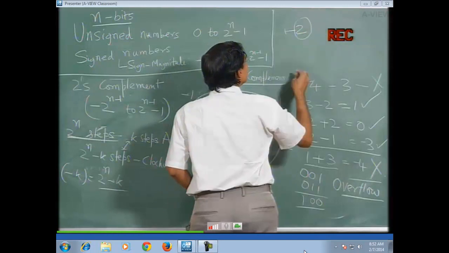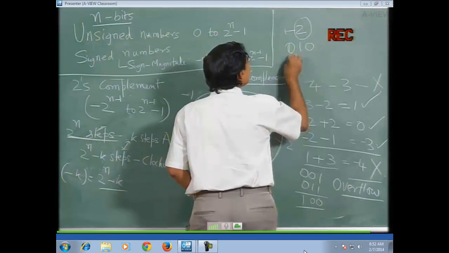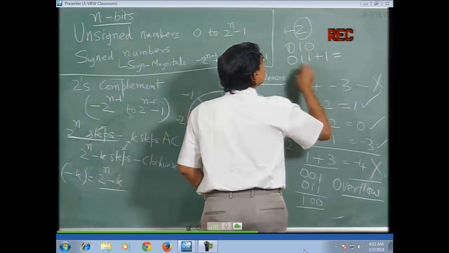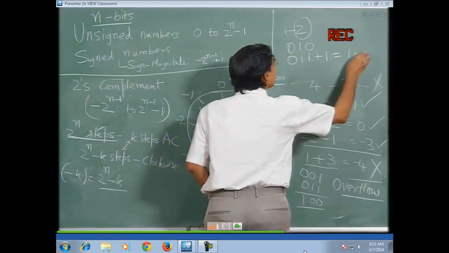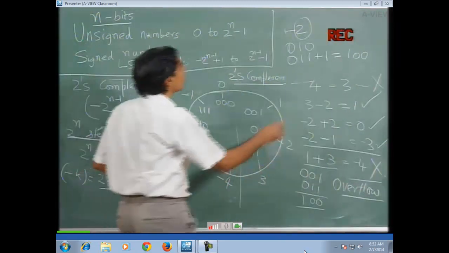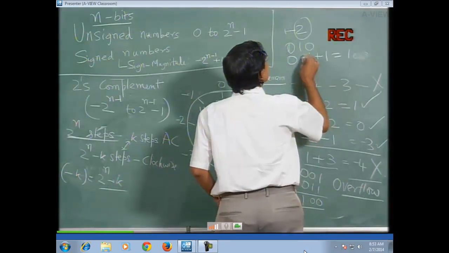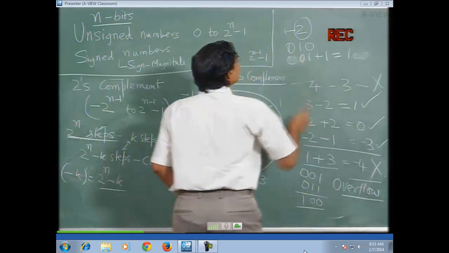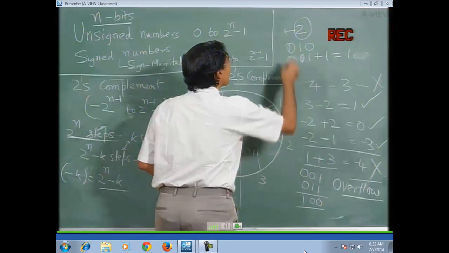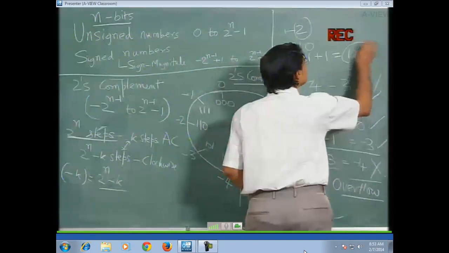You take 2, which is 0 1 0, complement every bit, and you get 1 0 1. Add 1 to this, which gives me 1 1 0, which is nothing but minus 2.